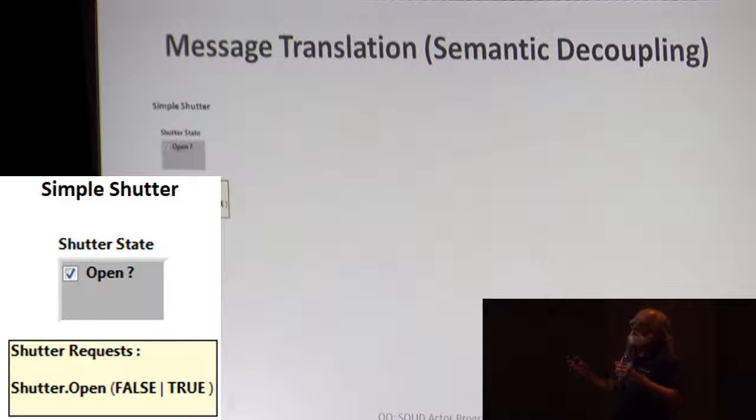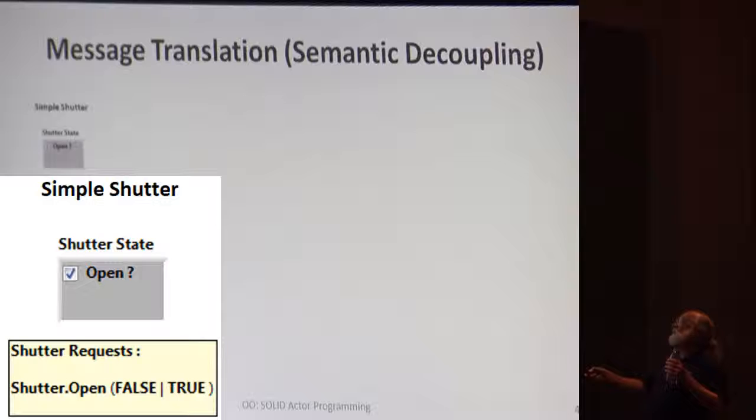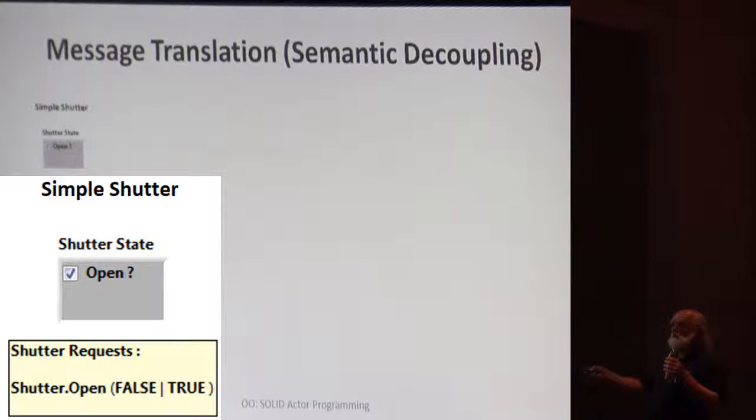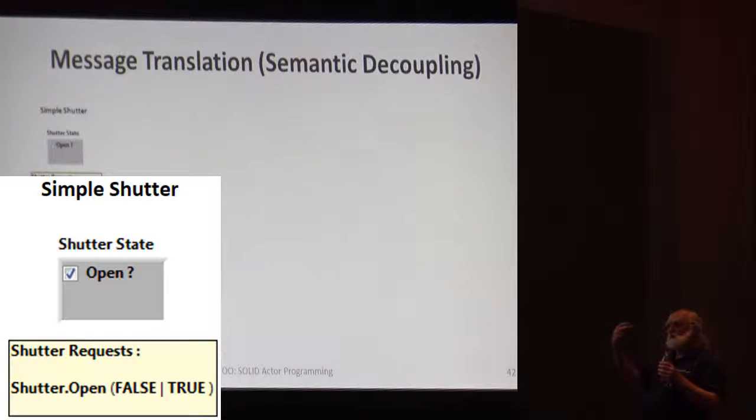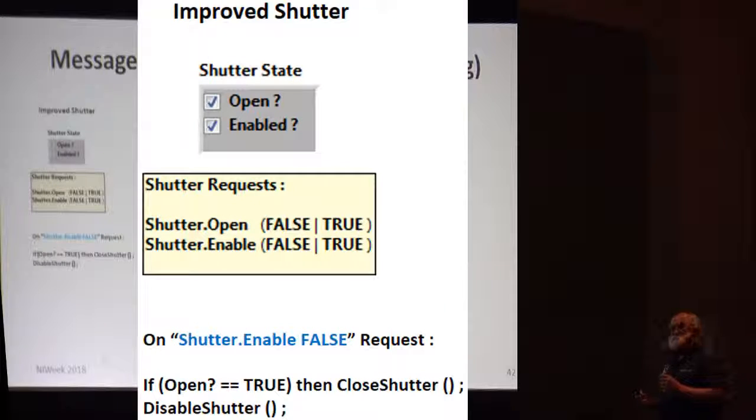And this way is to generalize the model behind each of the actors. Here's an example. A simple shutter has a single state variable, whether it's open or closed, and it takes one command, shutter open, false or true. This wouldn't help you to interpret and react to the interlock message. What you want to do is improve your shutter implementation without actually semantically coupling it to the interlocks.